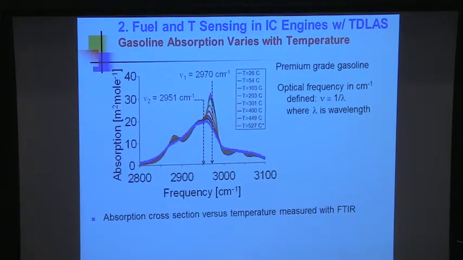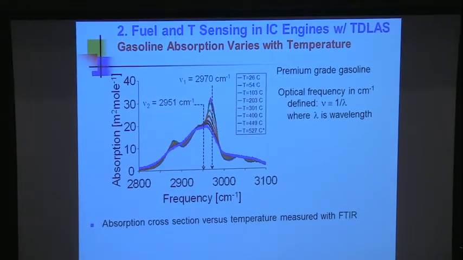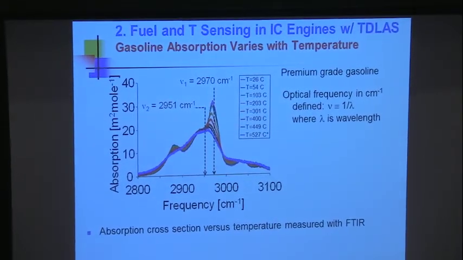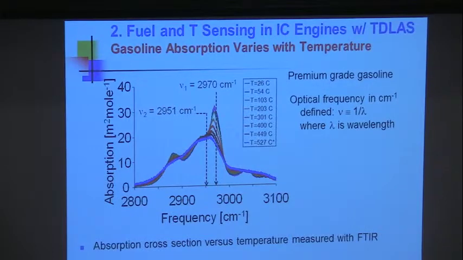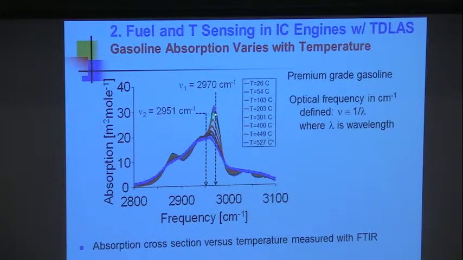Generally, the integrated area under this curve is more or less constant, but the cross-section changes strongly at this one place. So if you want to measure temperature, it's clear that one place to park the laser is here, and then we might pick over here where it's temperature independent. The argument being that the ratio of the signals is going to give us a temperature number, and we take advantage of that.